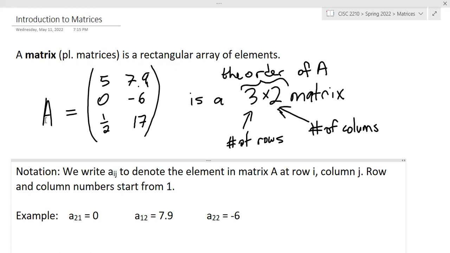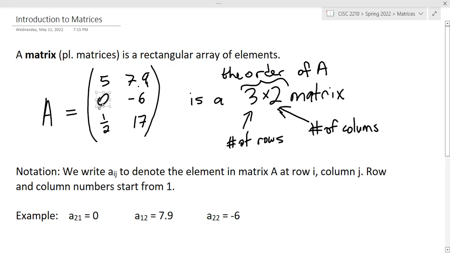So row 2, column 1. So that would be this row and column 1. So that's right here. So that's 0. Again, the row and column numbers start from 1. You might think they start from 0, like in arrays and in many languages, but no, they start from 1.